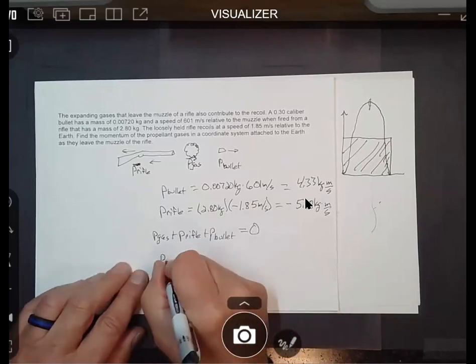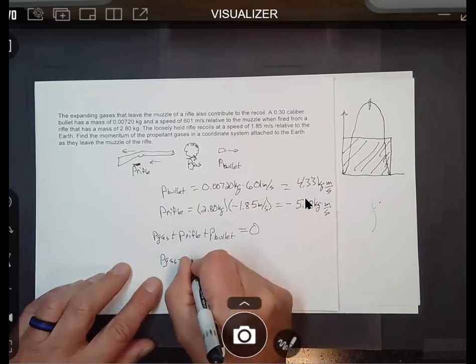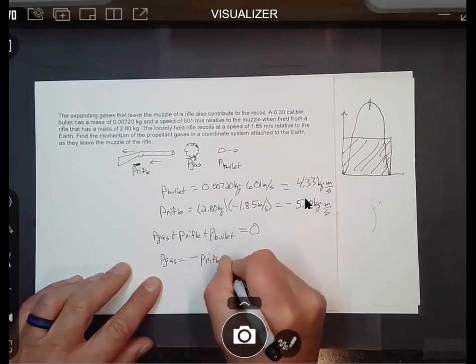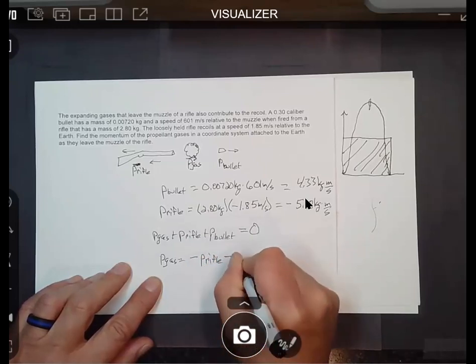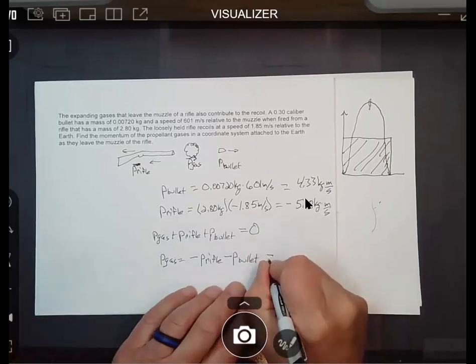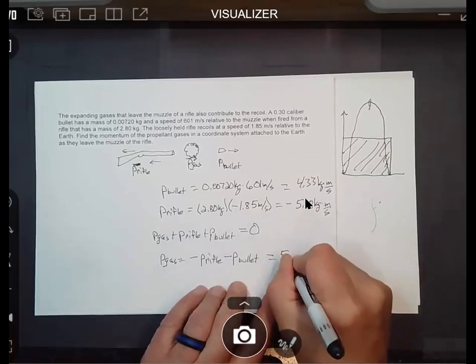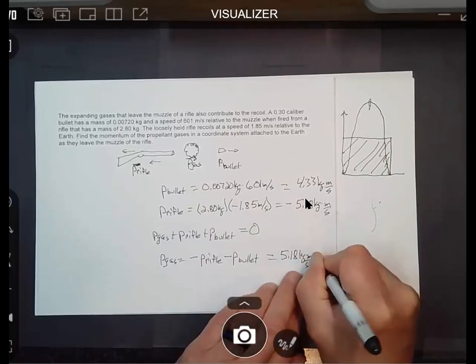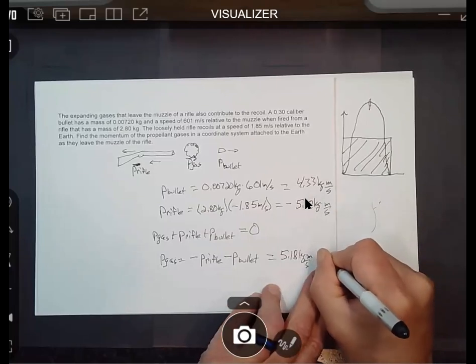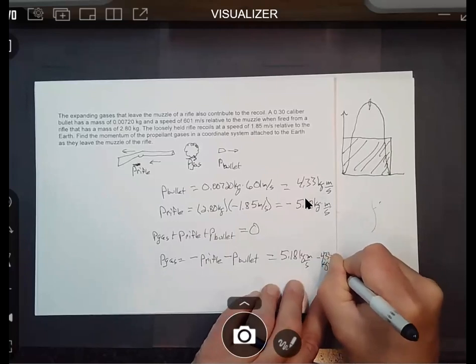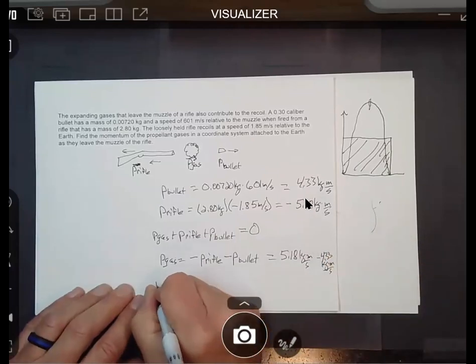So we can say that the momentum of the gas is going to equal the negative of the momentum of the rifle minus the momentum of the bullet. And then we'll end up with 5.18 kilogram meters per second minus the 4.33 kilogram meters per second. That's the momentum of the gas.